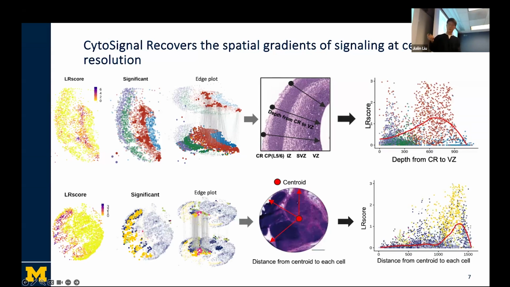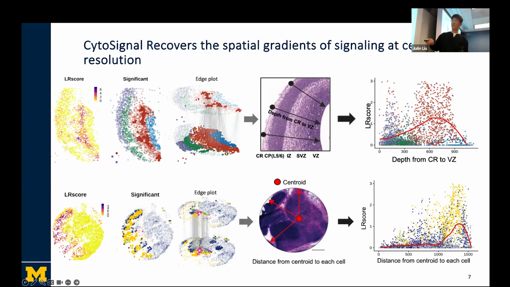And of course, we applied it on another cortex, captured by Slide-tags. It's another single cell resolution spatial transcriptomics technique from the same lab, actually. And we see the same thing. For this specific interaction we chose, the cells in the radial glia have significant activities.